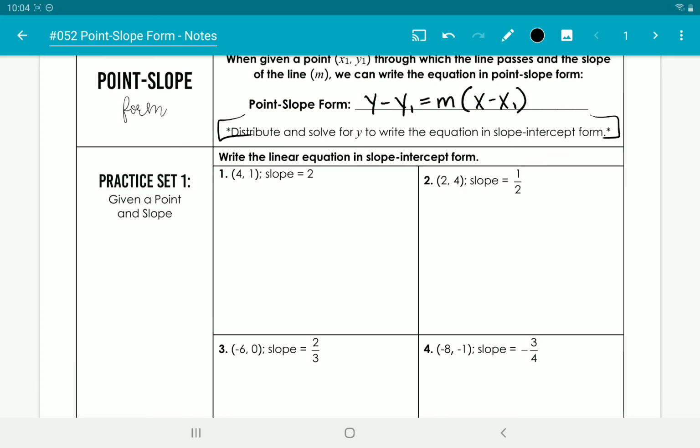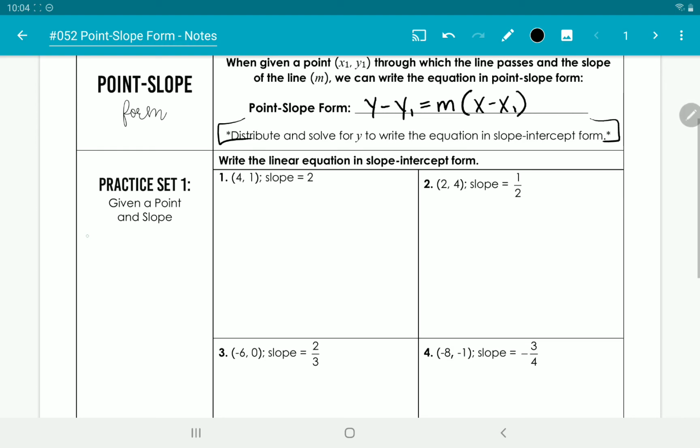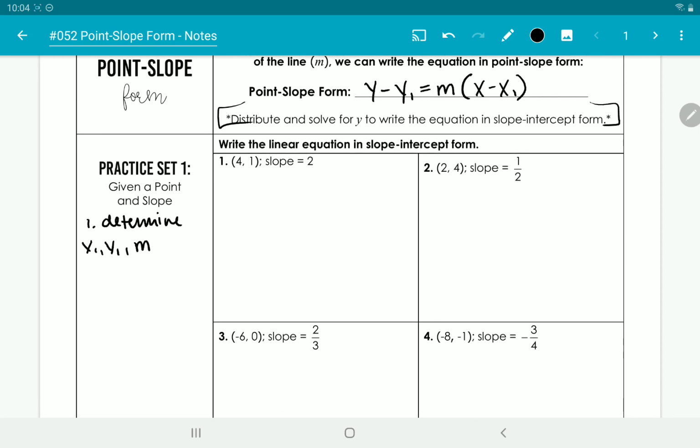Okay? So, first we're going to determine x1, y1, and m. We're going to determine the parts of the points, and then the slope.